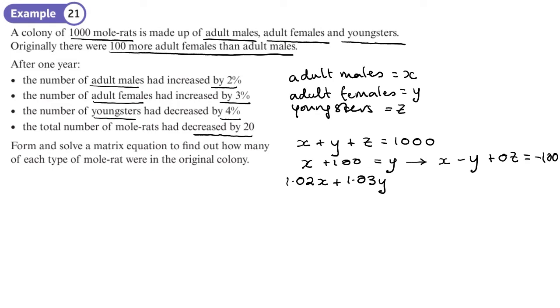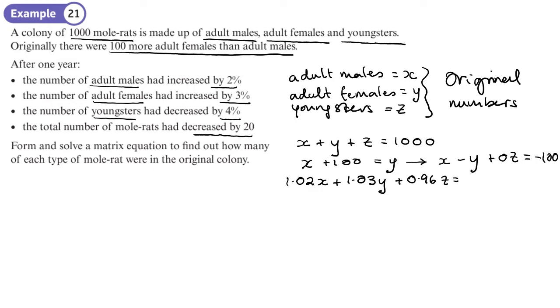So this x, y, and z stands for the original number of these mole rats. And it says the youngsters had decreased by 4%. So we have now got 96% of the youngsters.